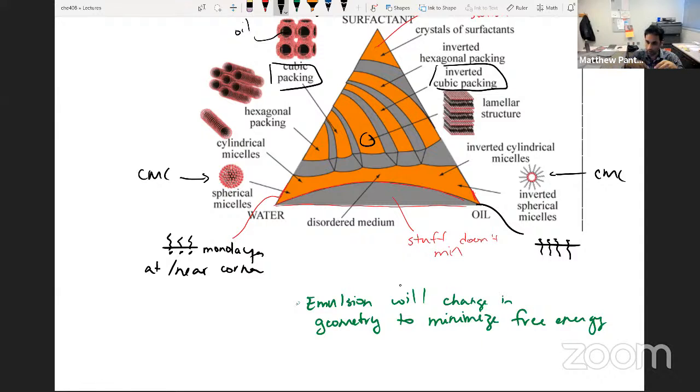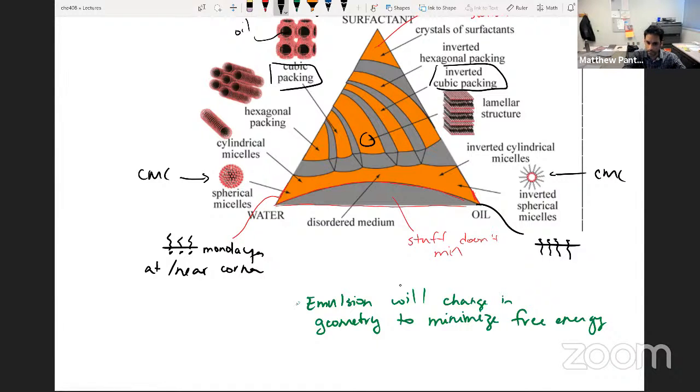So for any of you who've made something like mayonnaise or even many cooking sauces, you know that you need to whisk or heavily agitate these types of things in order for that to work. You cannot make a vinaigrette or a mayonnaise, for example, by just mixing the stuff together and letting it sit, right? But once you agitate it, it forms some kind of quasi-equilibrium state that's difficult to get out of.